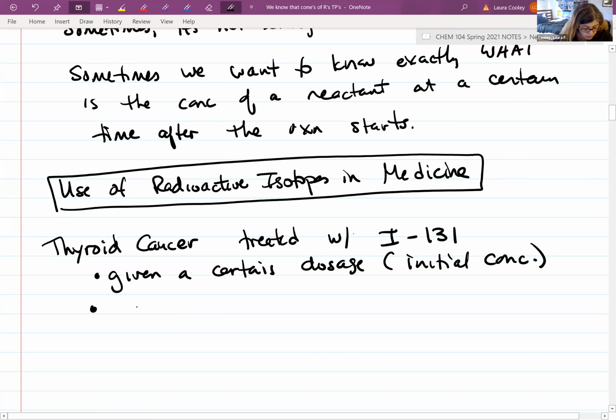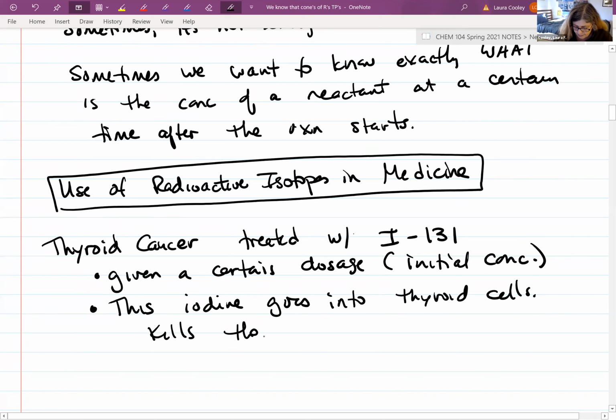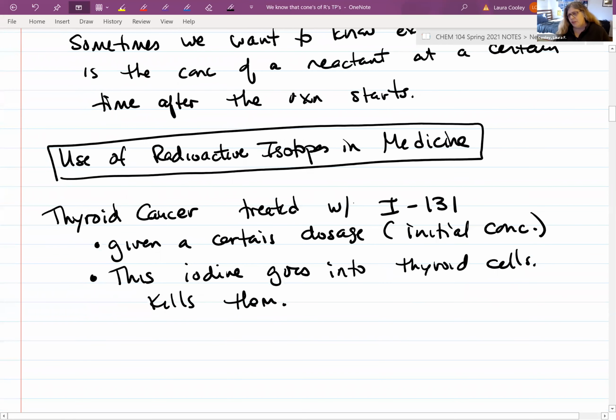And then because this is iodine, basically the only place it goes in the body is into thyroid cells, and it kills them. If you had to pick what kind of cancer you wanted to get, this is one of the better types, because there's a very specific treatment. What you want to do when someone has thyroid cancer is take out the entire thyroid and kill any cells that are left.